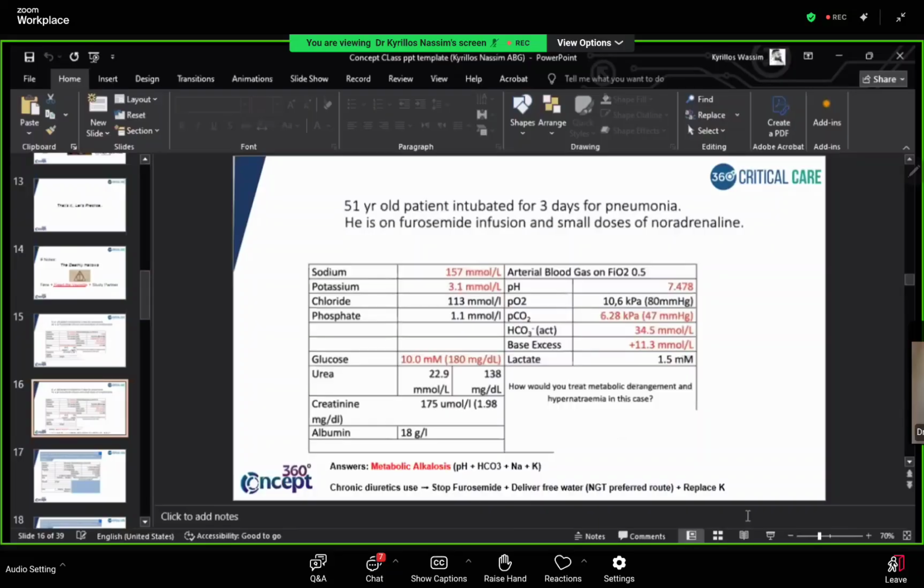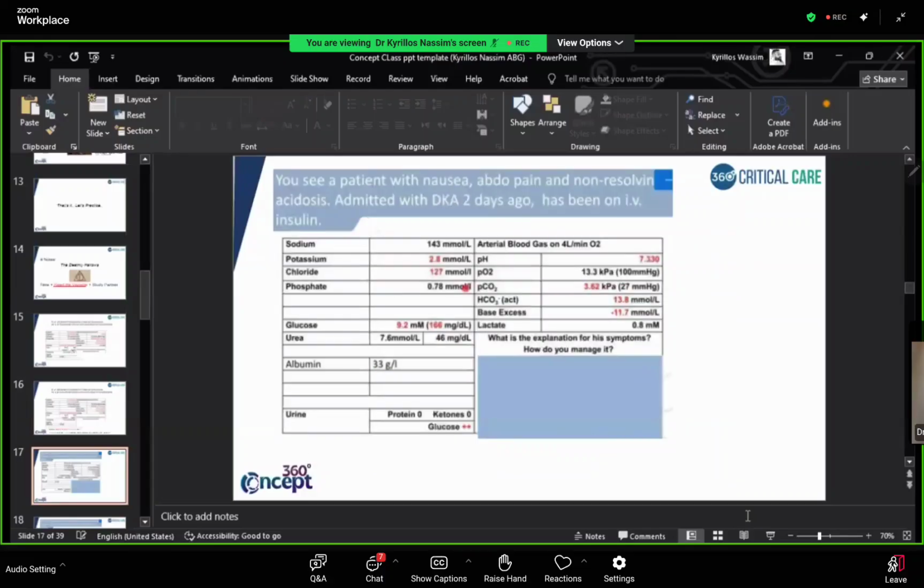Let's go to the next question. And I really want to see your answers. The question says, you see a patient with nausea, abdominal pain, and non-resolving acidosis, admitted with DKA 2 days ago. He has been on IV insulin, and there is hypokalemia, there is hypercholesterolemia, the glucose is high, and albumin is mentioned.